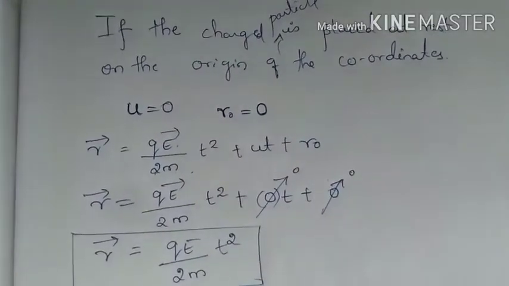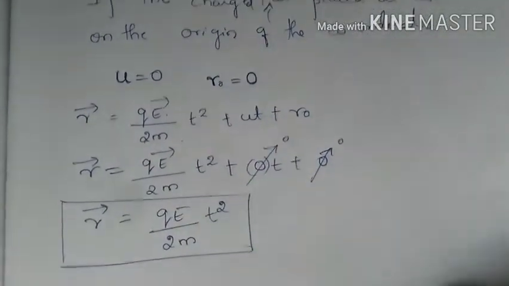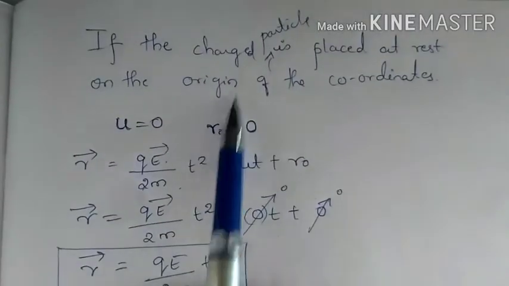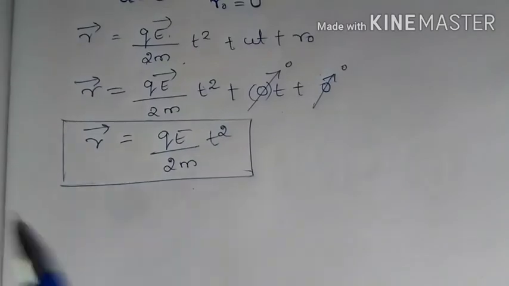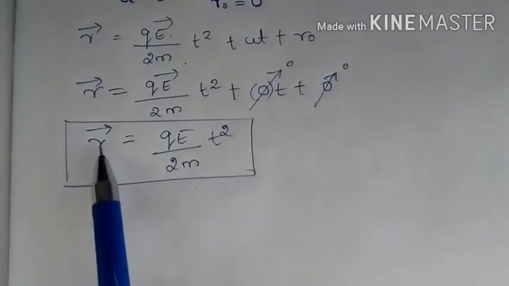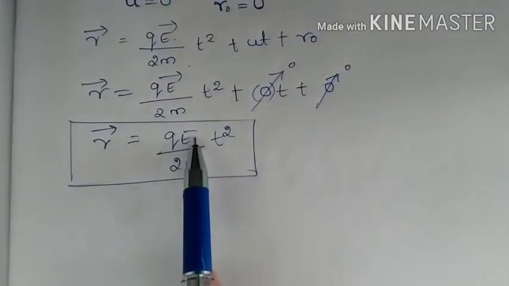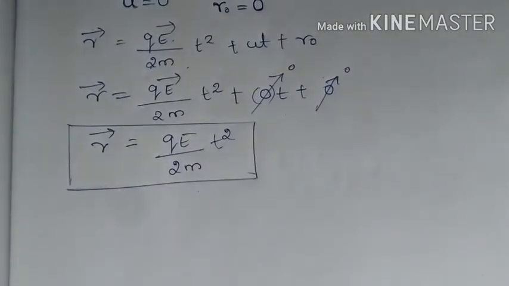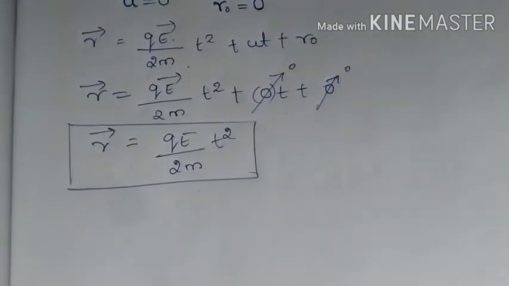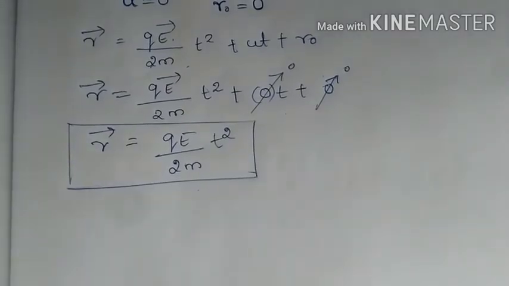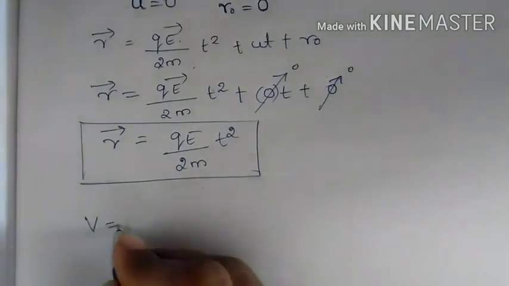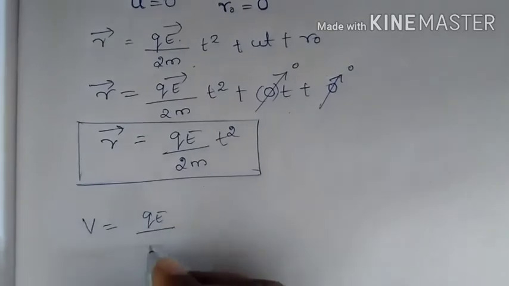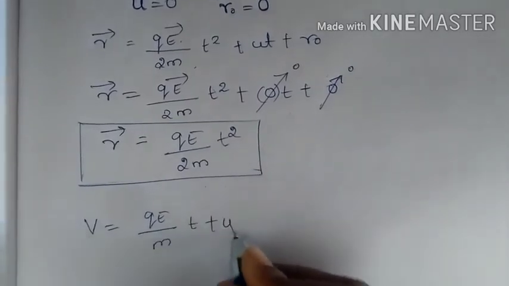So the position of the particle when it is kept at the origin of the coordinates, and the particle is at rest, is r is equal to QE divided by 2m t square. Similarly, we had another equation: v is equal to QE divided by m t plus u.